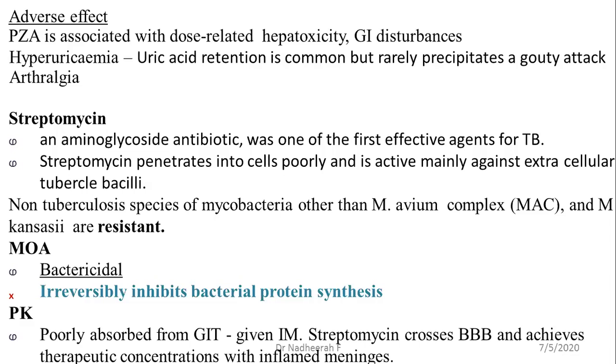Streptomycin, an aminoglycoside antibiotic, was one of the first effective agents for TB. Streptomycin penetrates into cells poorly and is active mainly against extracellular tubercle bacilli.